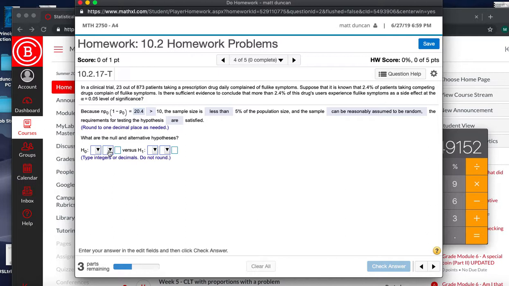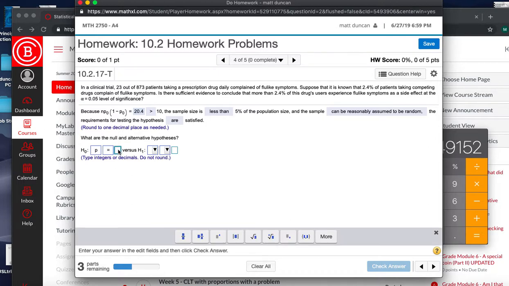For the null and the alternative, the null is always going to have equal. Here we're dealing with a population proportion, so that's p. When you get to 10.3, you're going to be looking at mu as a parameter, but for us it's p in this one, and we're assuming that it's 0.024. So don't put it as a percent.